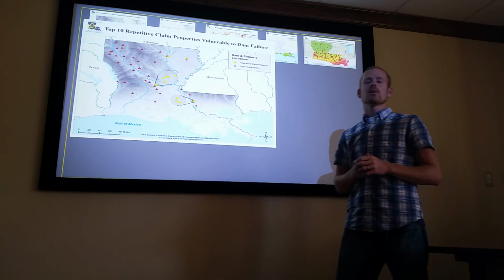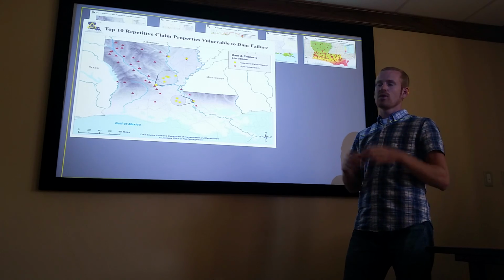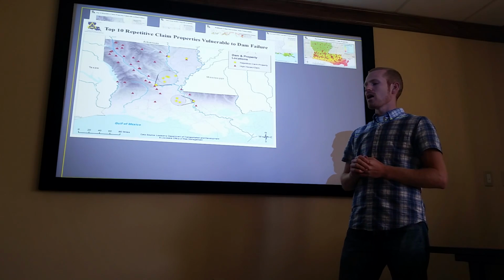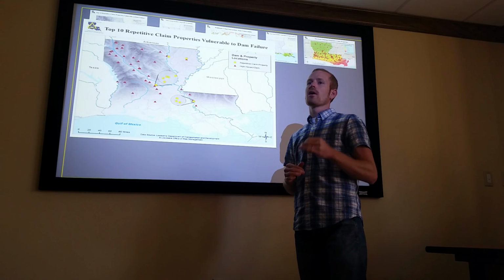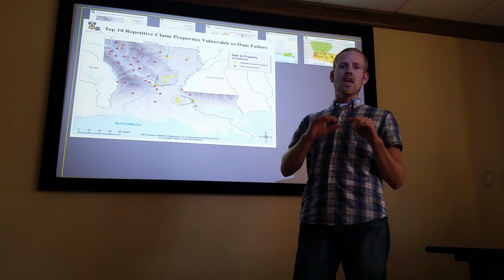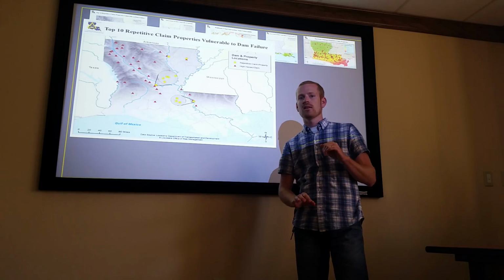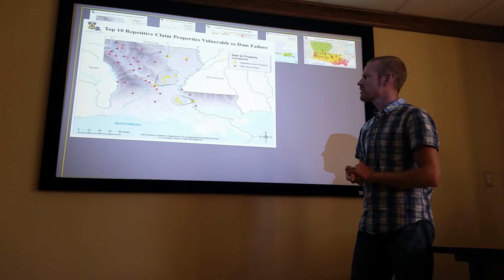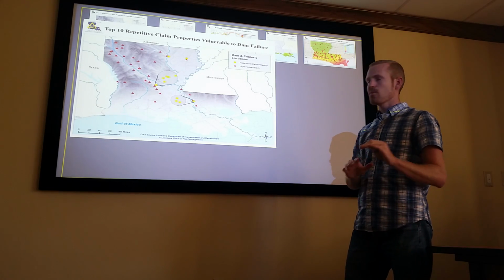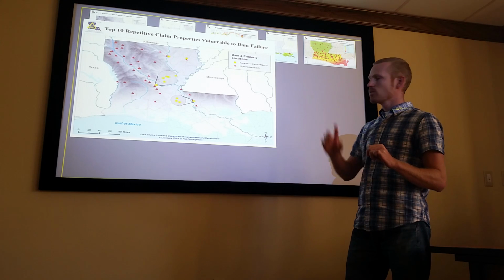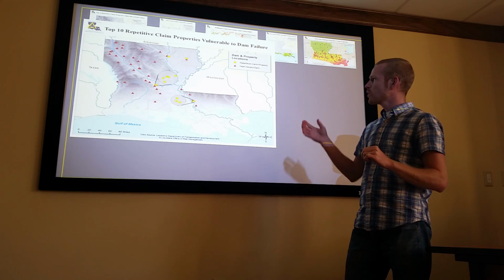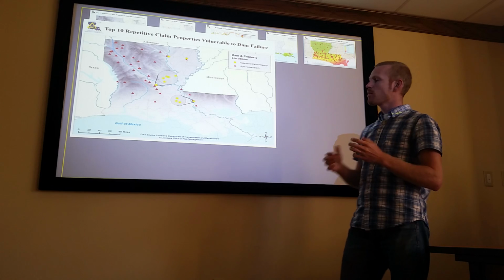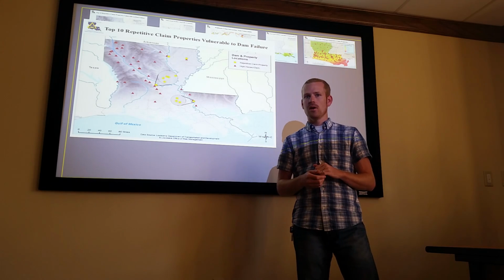Within that buffer, we also queried properties that were at an elevation at the same height as the dam or lower than the dam. As long as a property was at least the same height or lower than the dam, and it was within 5 miles, we considered it a property that could be damaged by a dam failure.